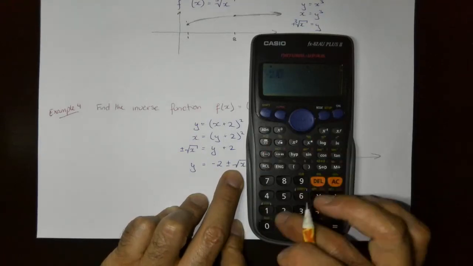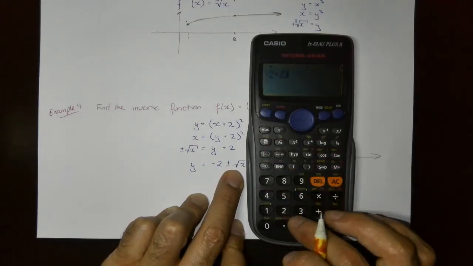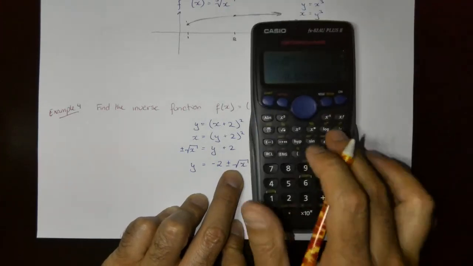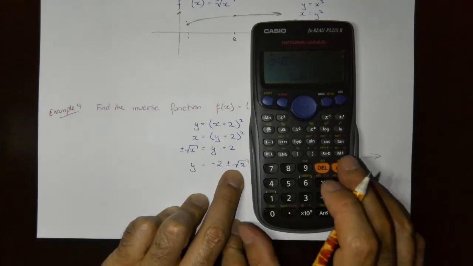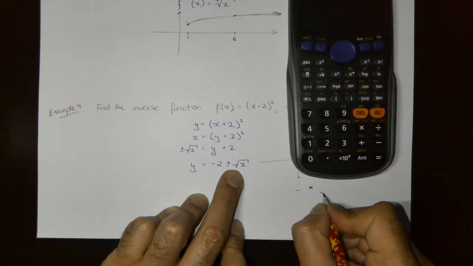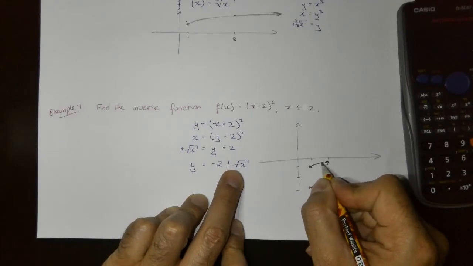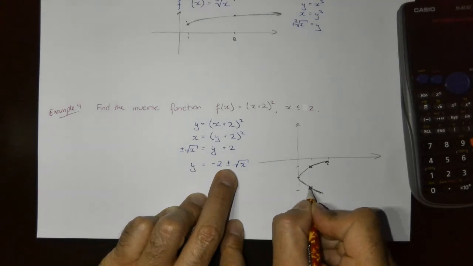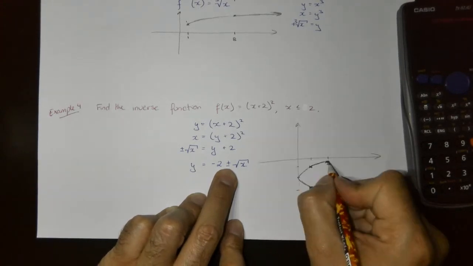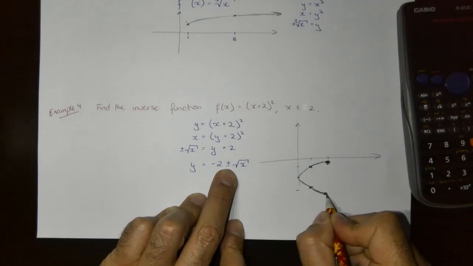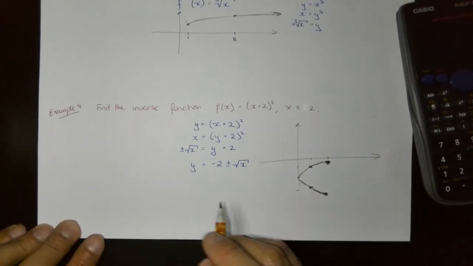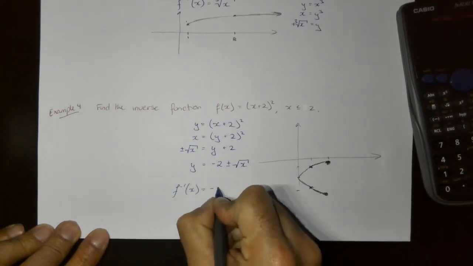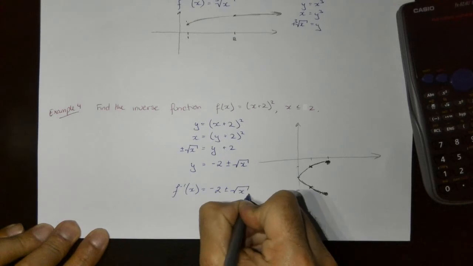So negative 2 plus square root 2 is negative 0.6, so somewhere here. And obviously if we're going to subtract it, it's negative 3.4, which is somewhere here. And if it was 0, it would be negative 2. So you get that, and that's what the inverse would look like. So the inverse of x is negative 2 plus or minus the square root of x.